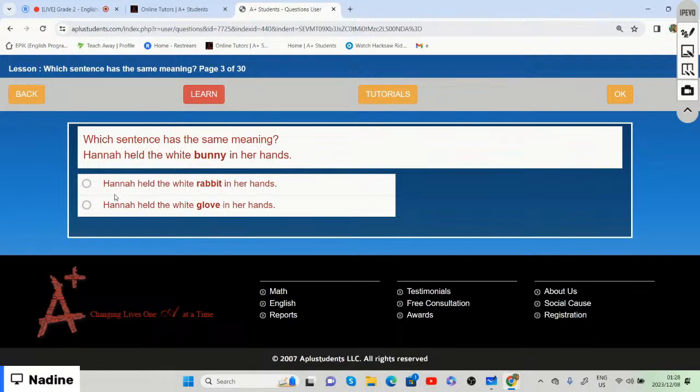All right. So the word similar to bunny is rabbit.